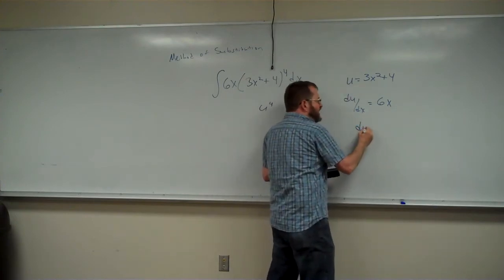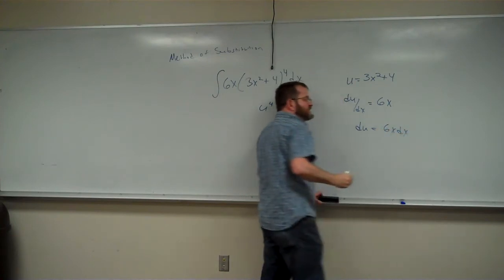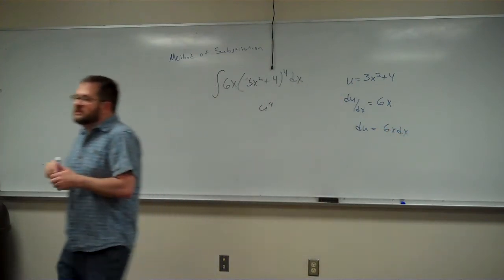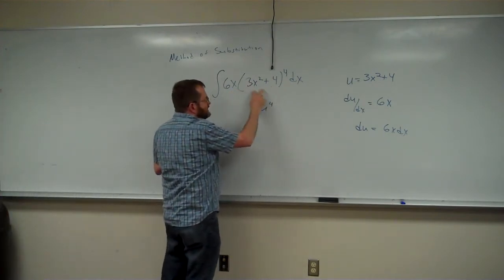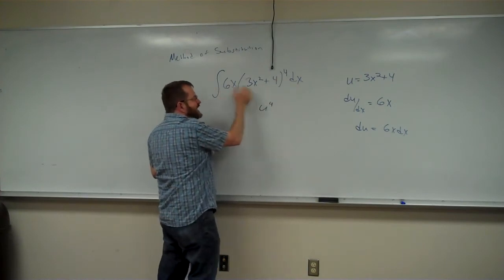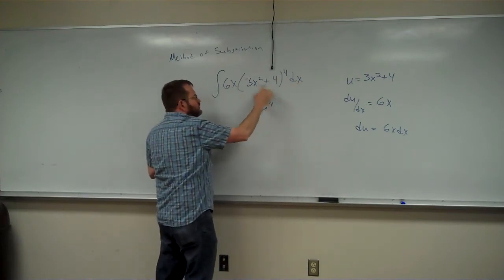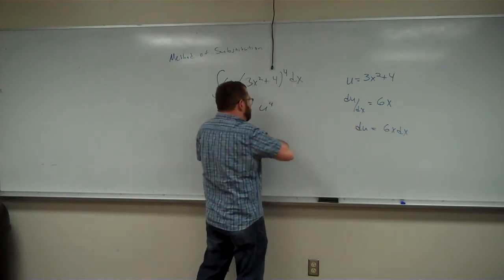That means I can put that dx on the other side: du equals 6x dx. Look what's left over on my function over here. Once I made that u substitution, all that was left was u to the 4th, 6x dx. Well, 6x dx equals du.